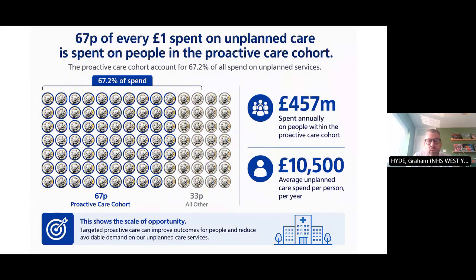We've calculated in business intelligence that 67p of every £1 spent on unplanned care in Leeds is spent on people in our proactive care cohort. That's about £457 million a year and about £10,500 per person per year.